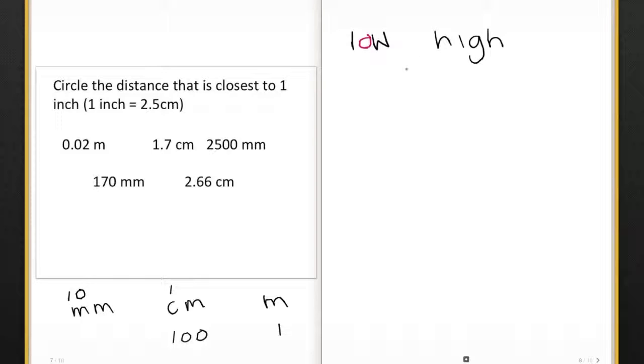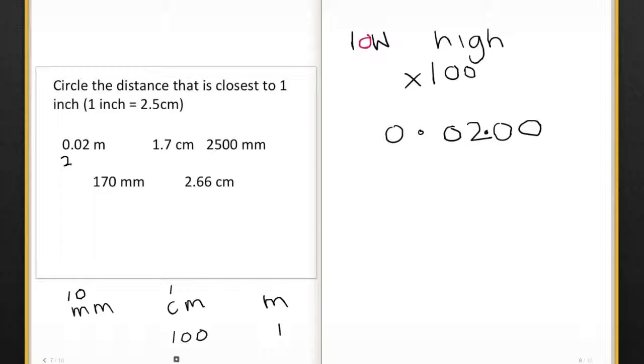To get from low to high, you times. And we're doing metres to centimetres, so we're going to times by 100. So 0.02 times 100. We're going low to high, high to the right. Zero's on the right just in case, and move the decimal point. 1, 2.